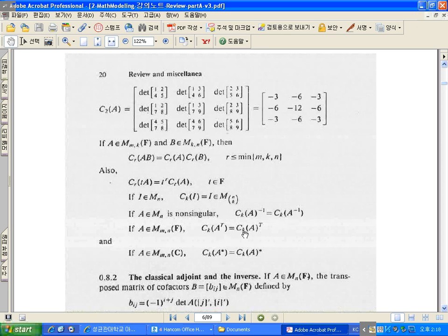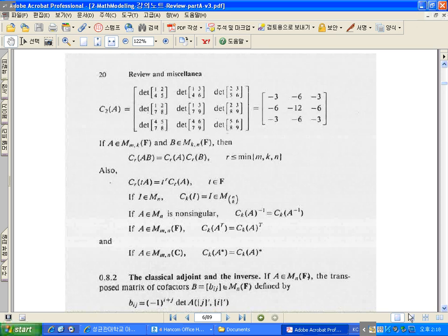Ck of A transpose is the same as the transpose of Ck of A, and the k-th compound matrix of A conjugate transpose is the same as the conjugate transpose of the k-th compound of A. So this is a generalization of the knowledge that we have known.